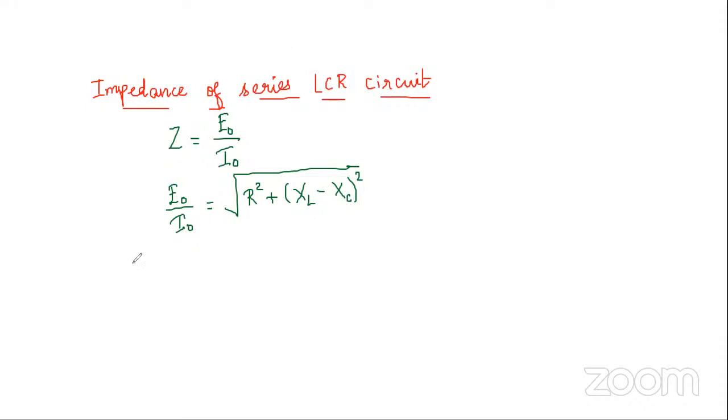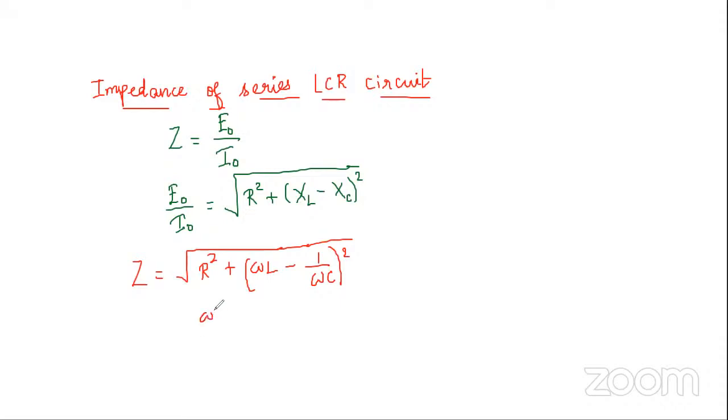So Z is equal to root of R square plus this XL we know very well, that is omega L minus XC is 1 by omega C the whole square.